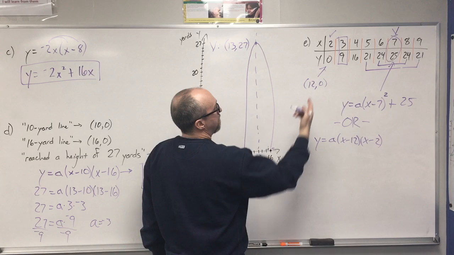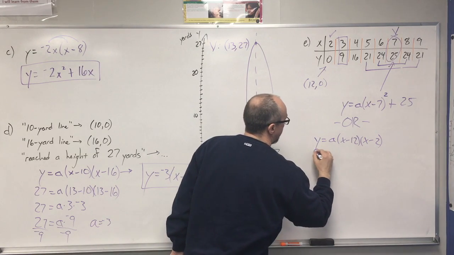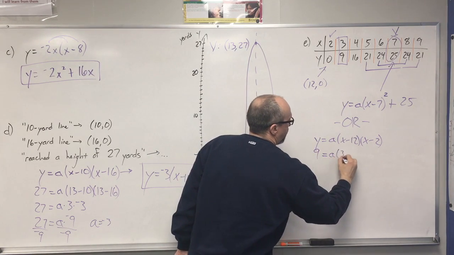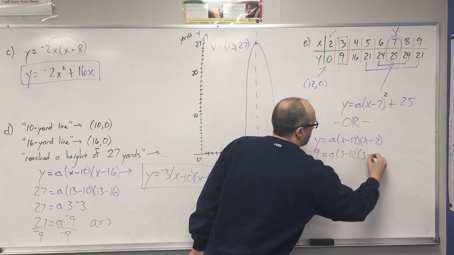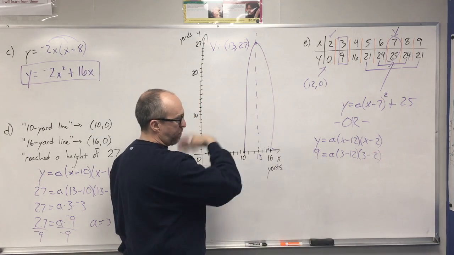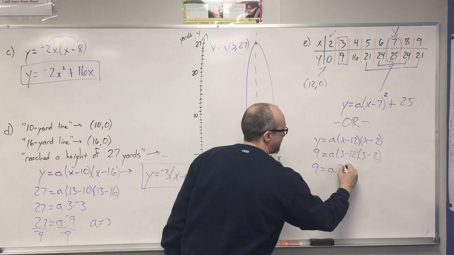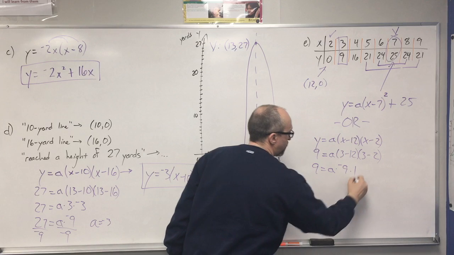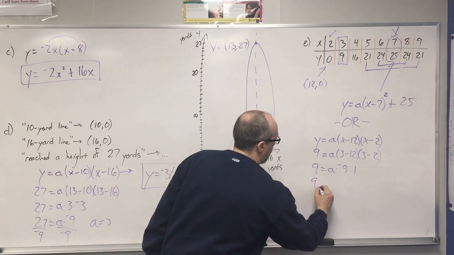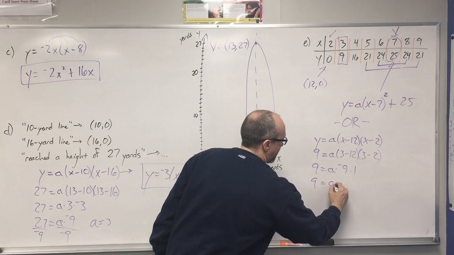So for squirts and chuckles, I'm just going to pick the coordinate 3, 9. 9 is the y part, 3 is the x part. And just like before, like I did in the prior two problems, I'm just going to grind this out. 3 minus 12 is negative 9. 3 minus 2 is 1. Hey-oh, negative 9 times 1 is negative 9.